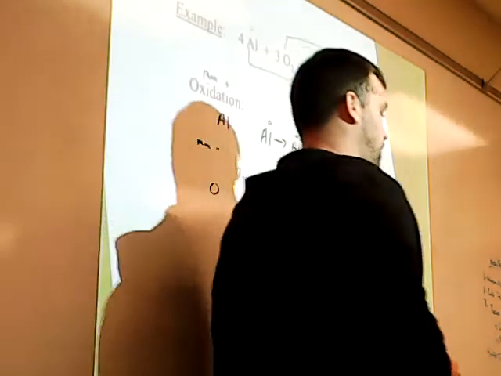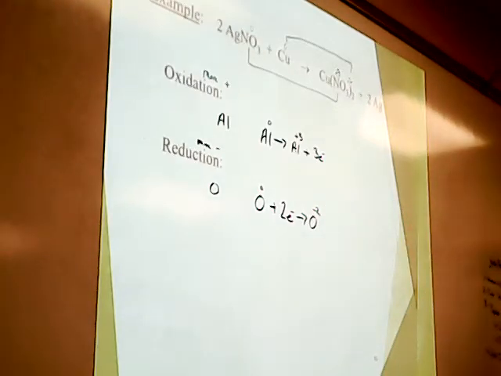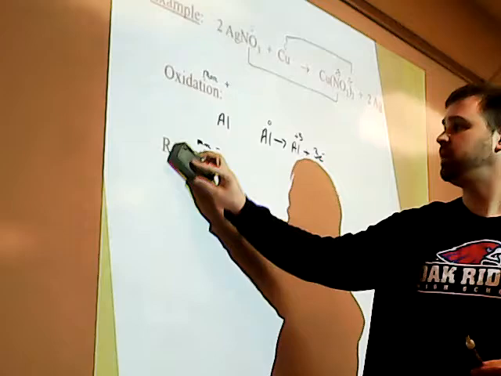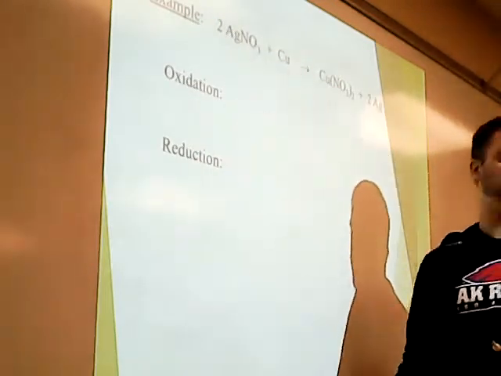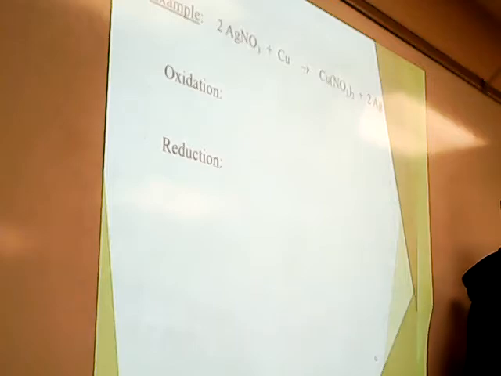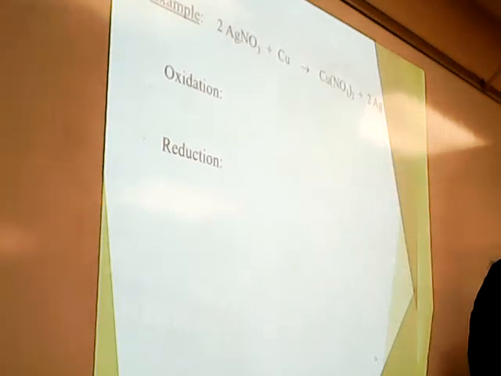All right. Now, let's see, a little bit more difficult one, because now you have a single replacement, and you can only have 2 elements, one that's being oxidized, one that's being reduced. One thing up there isn't going to be used in your half reactions.